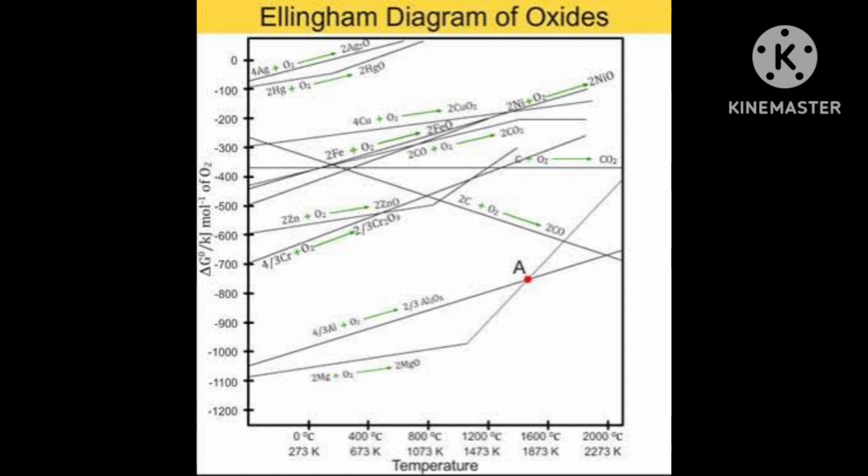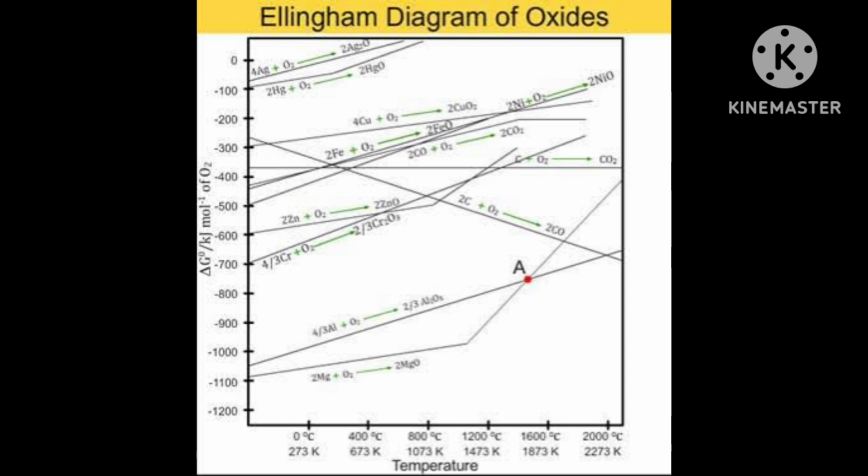The plot of standard delta G versus temperature is called the Ellingham diagram.